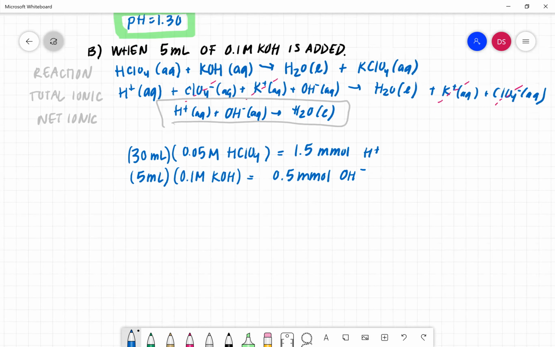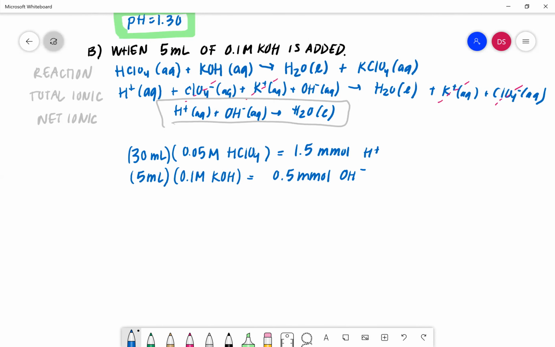So I like to use a table normally just to show the final amounts that we're going to see. If I set it up using our net ionic equation above, we can do initial, change, final. This normally works for me. You don't really have to use this if it confuses you, but generally right here, you can see we have 1.5 millimoles.